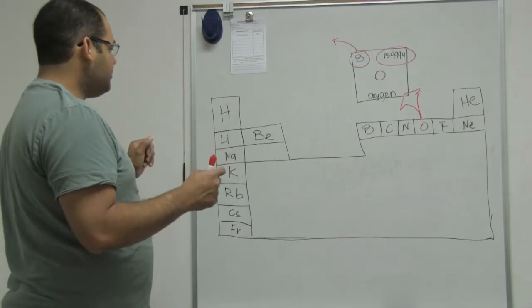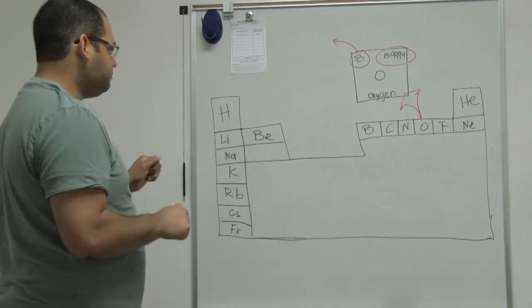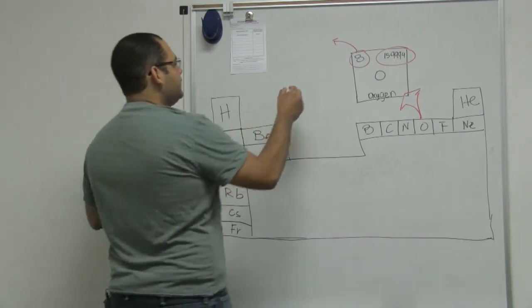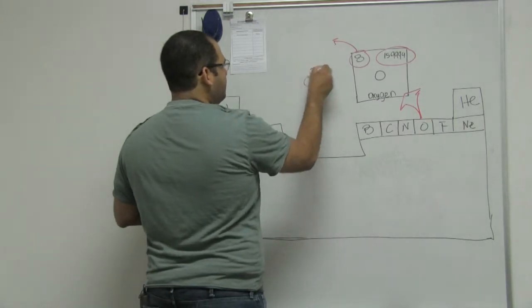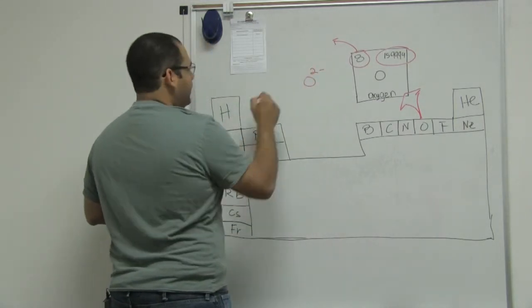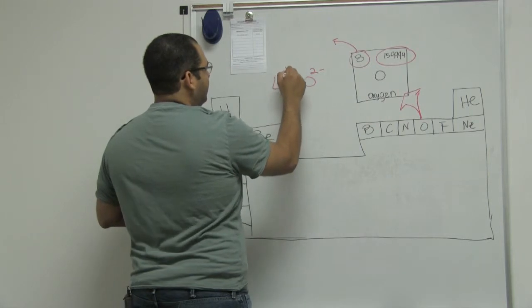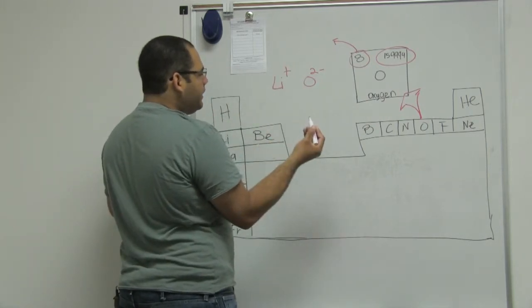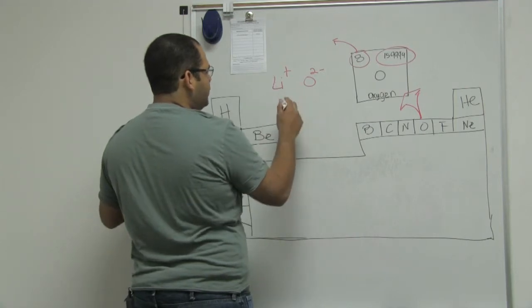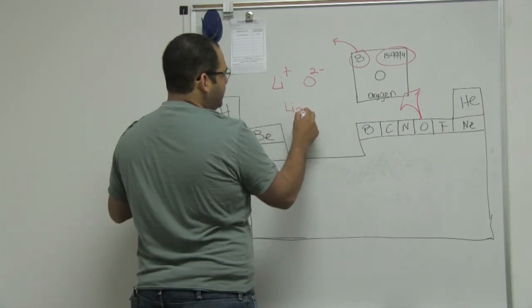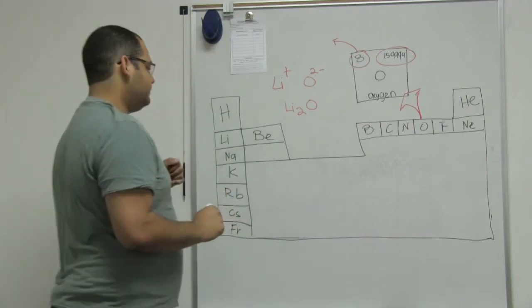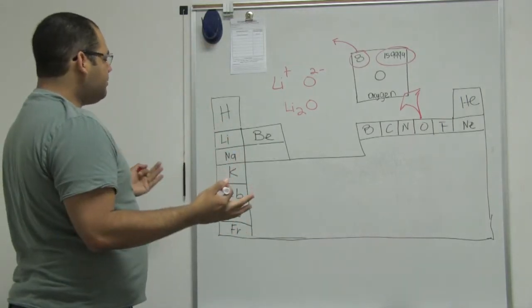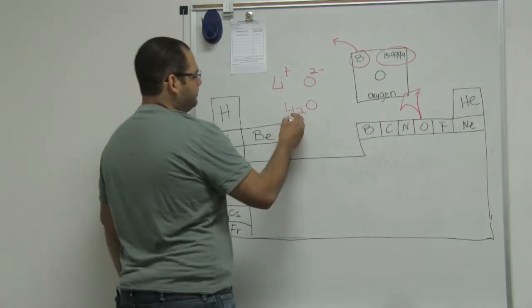Let me give you one example to clarify what I mean. Oxygen, I know that it has a 2- charge, and lithium, I know that it has a plus charge. So every time I make an ionic compound using lithium and oxygen, I need 2 of this and 1 of oxygen. The same thing would apply for potassium.